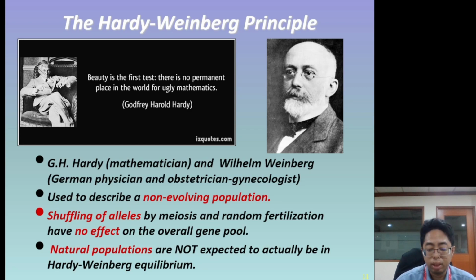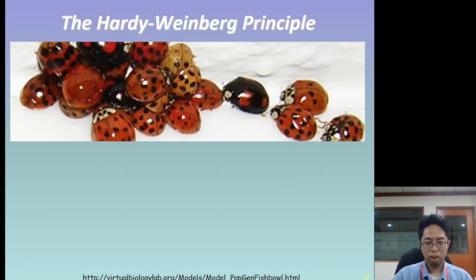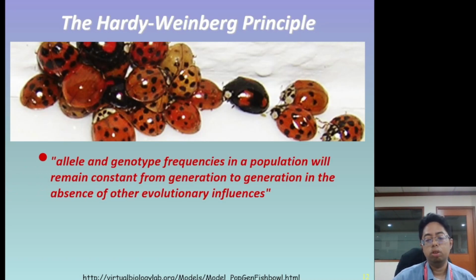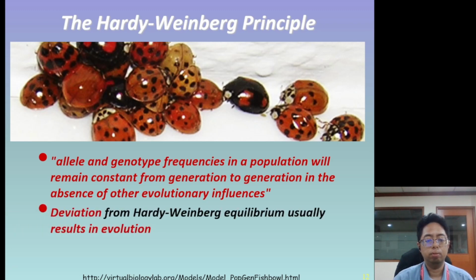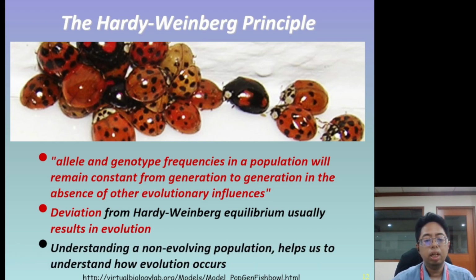Natural populations are not expected to actually be in Hardy-Weinberg equilibrium. The principle says the allele and genotype frequencies in a population remain constant from generation to generation in the absence of other evolutionary influences. Deviation from Hardy-Weinberg equilibrium usually results in evolution. Understanding a non-evolving population helps us understand how evolution occurs.